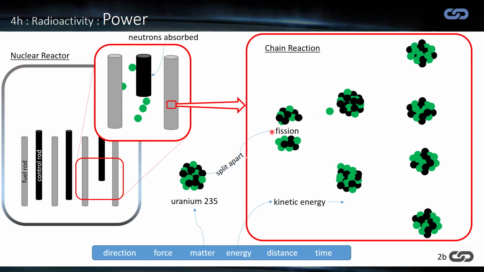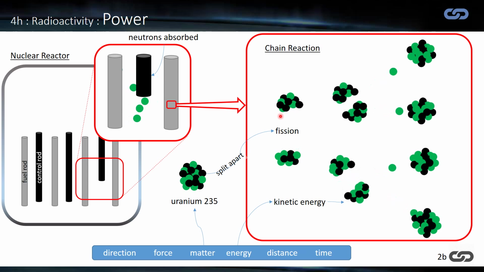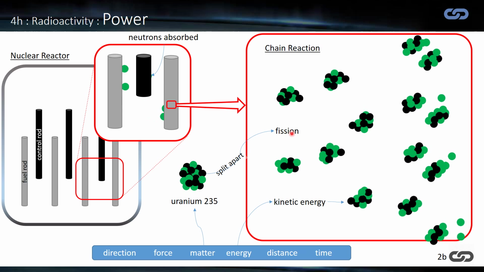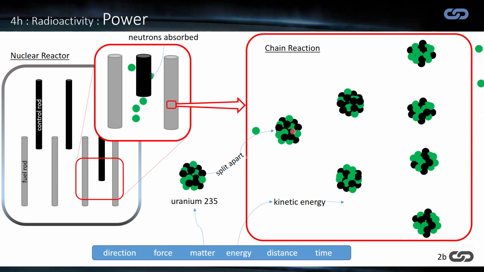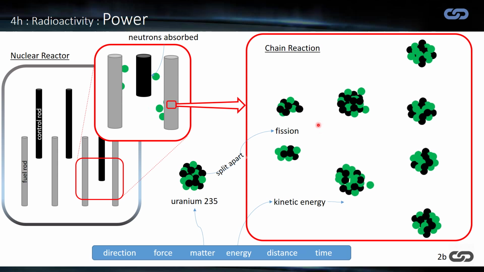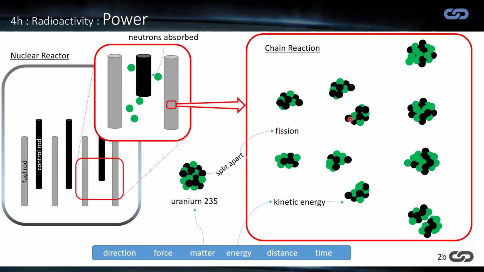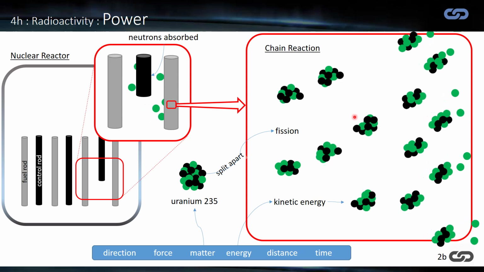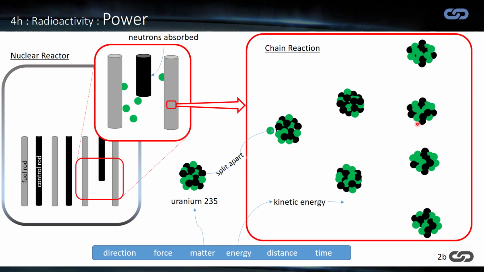So here we have in a little bit more detail this process happening. Fission is the name for these large nuclei splitting apart, and as they do so you can see that they release more neutrons, between 1 and 3, sometimes 4. We're showing 2 here. Now, as we said, if it's dense enough, or if it's close enough, they will strike further nuclei, and so on, and hence chain reaction.